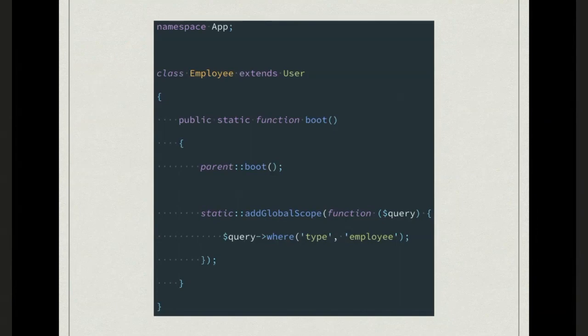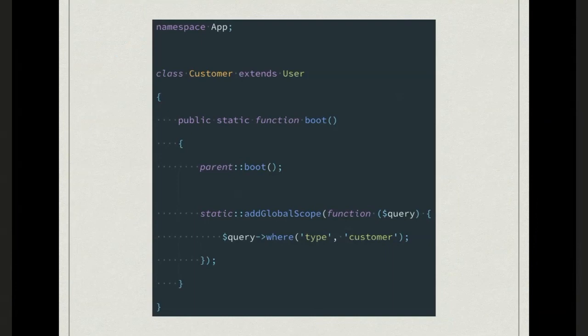So it's kind of like a default query. In this case, for every employee, the type field in the database is equal to employee. That's kind of our differentiator. And likewise for customer, we do the exact same thing, where a customer is defined by where the type is equal to customer.